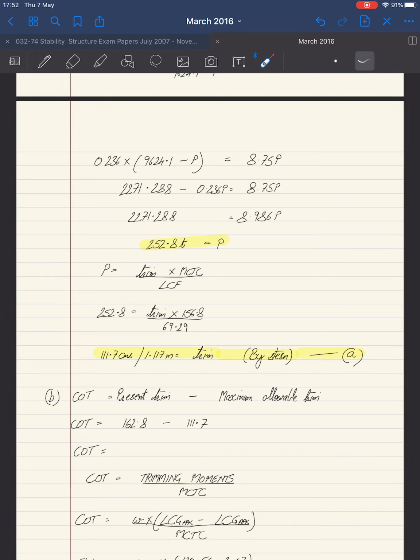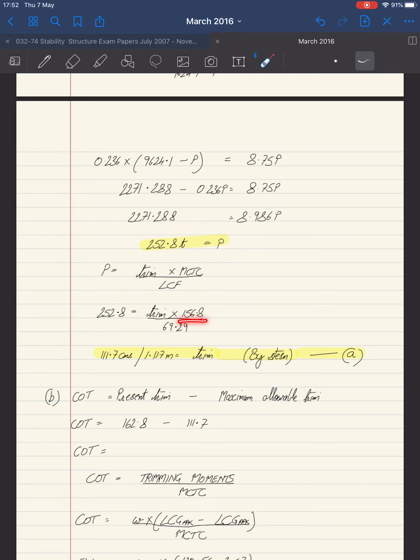We'll now look at another formula which will help us to find out the limiting trim. So we use the formula P is equal to trim multiplied by MCTC divided by LCF. This P value is 252.8 tons, which has been obtained from this part. Trim is what we are supposed to find.